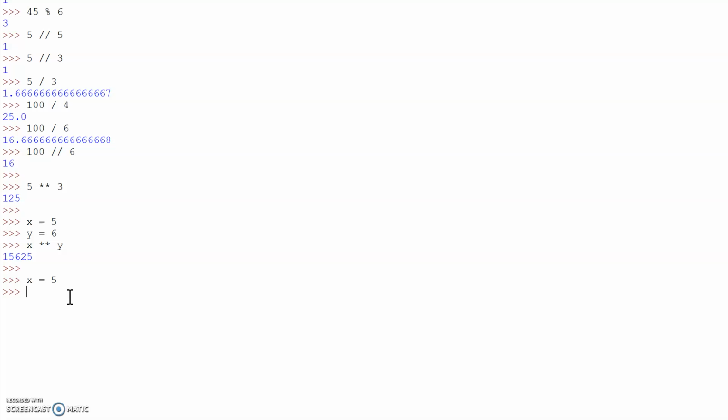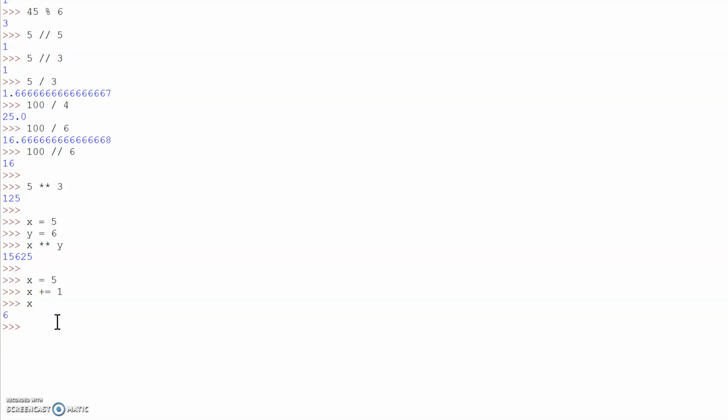Then if we do x plus equals, most people will put 1. Oh, and remember to put them together. So if we do x plus equals 1, and then we do print, oh wait, no, we don't actually have to do print in the shell. If we do x, you'll get 6. So x was 5 before, and now we've done x plus equals 1, and now x is 6.